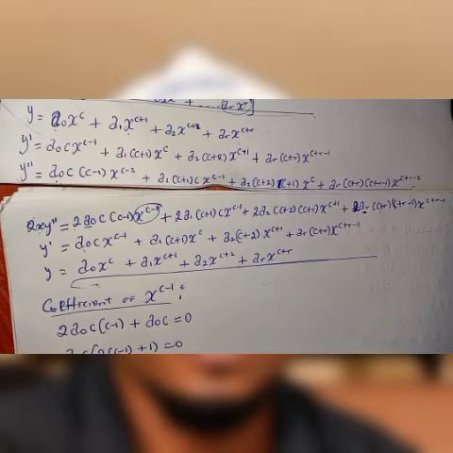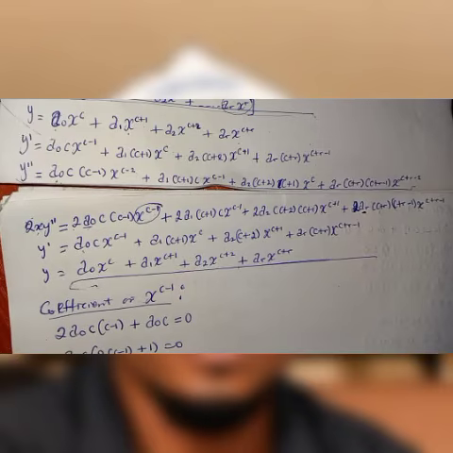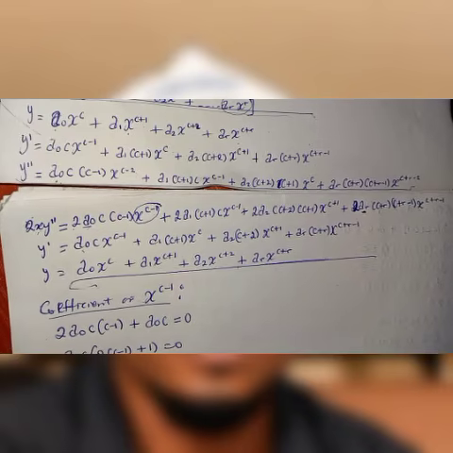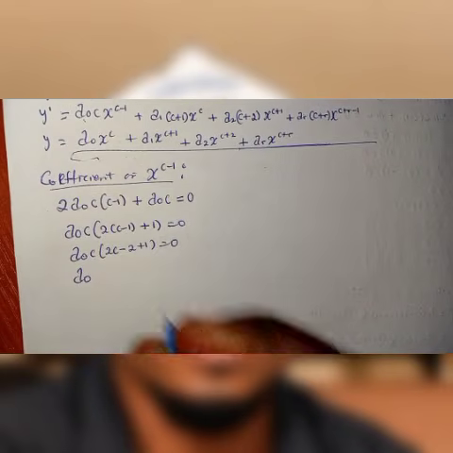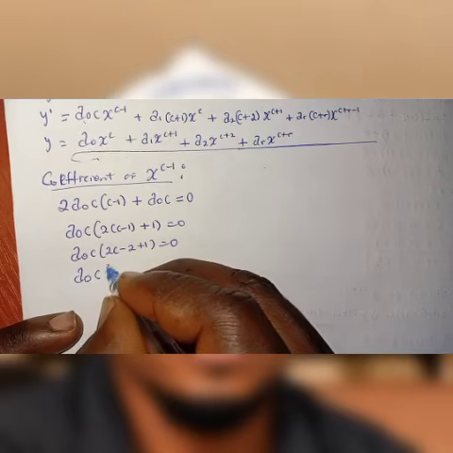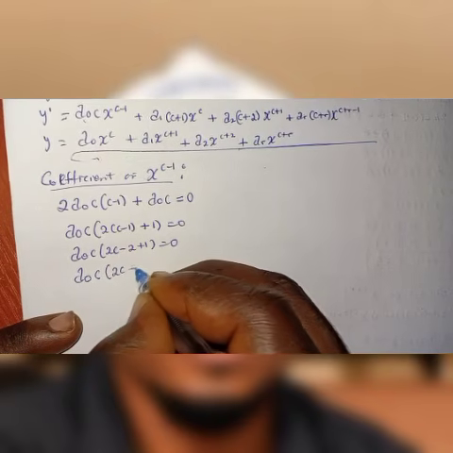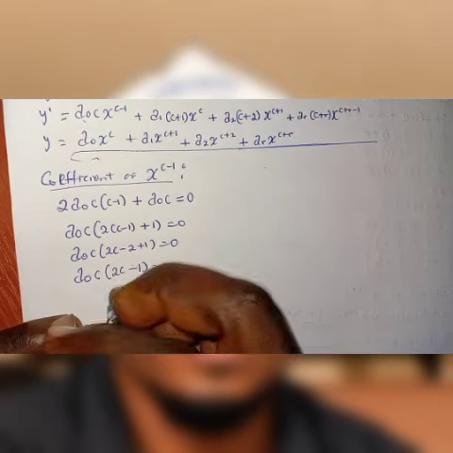So if I open up the bracket, you're going to have 2c minus 2 plus 1 equals to 0, and a naught c 2c minus 1 equals to 0.